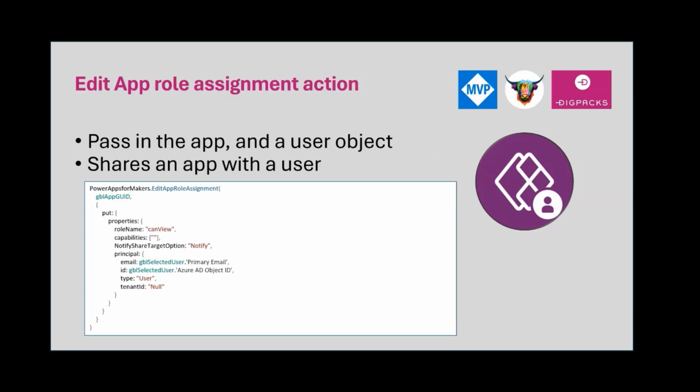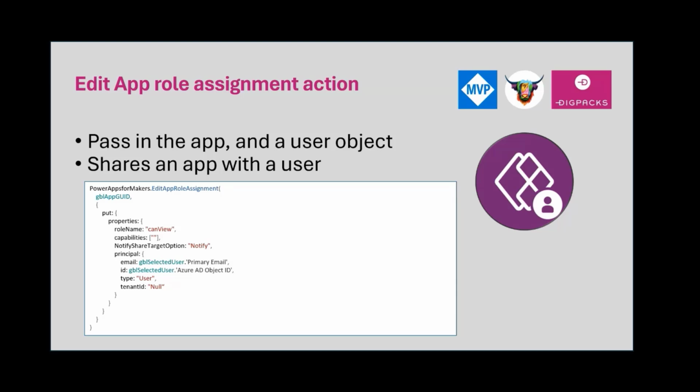Our second one we need to know about here is the edit app row assignment action. We pass in an app that we want to share and an object containing some details about the user, and the outcome there is that we'll share the app with the user. So just walking through that from the previous screen, we're passing in GBL app GUID, and we then pass through this object here, starting with put.